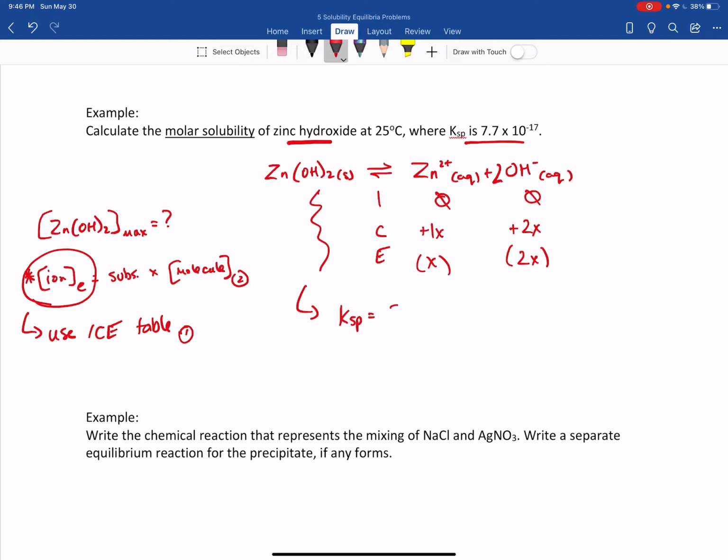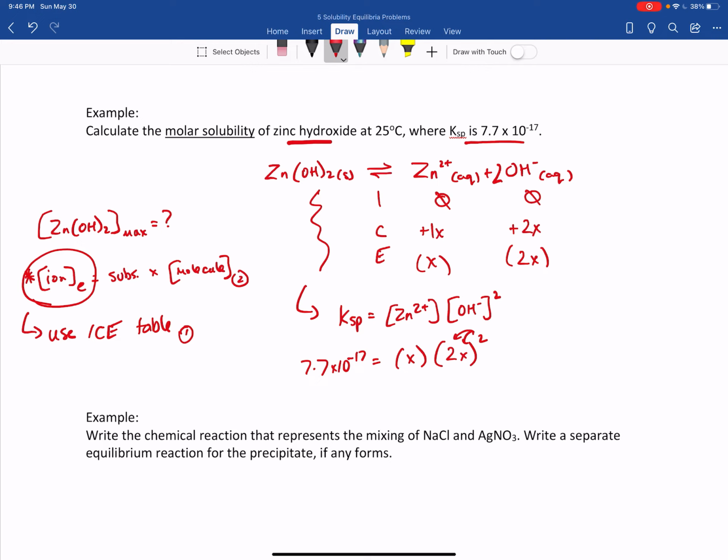So KSP in this case is products over reactants, which is just zinc times OH minus squared, right? And the reactant is the solid, so it only has a value of 1. We know the KSP value from the question. We know that that is x, we know that that is 2x, and that is squared. So when we simplify that out, right, don't forget the exponent applies to everything in that case.